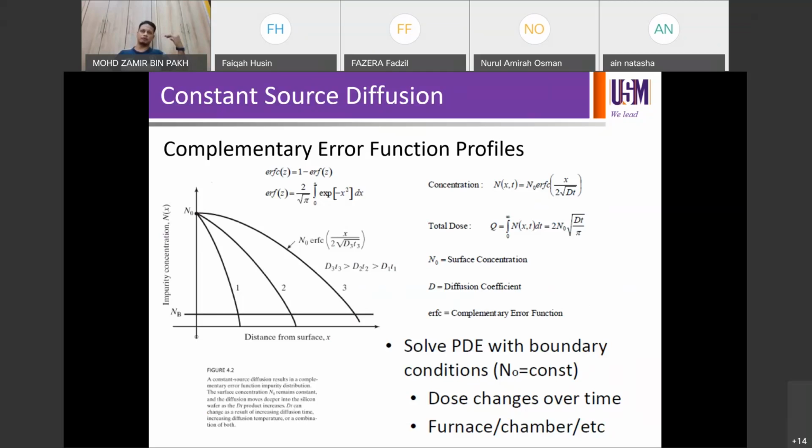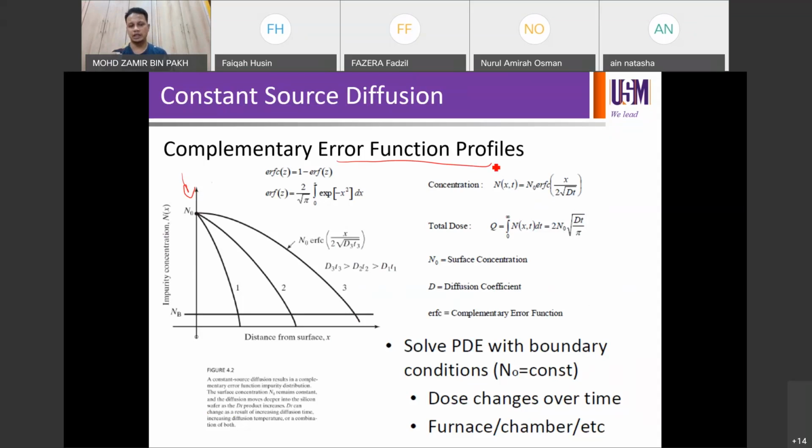If you talk about boron, for example, with constant source diffusion, you have a constant source over the whole time of phosphorus or boron coming in contact with silicon, right? It's going to give you a complementary error function profile. This profile shown in the graph is called the error function profile.